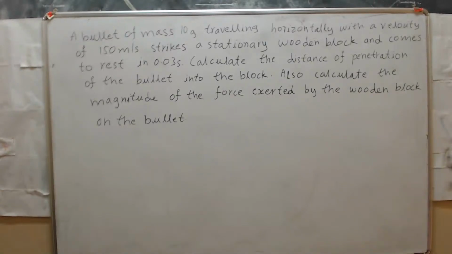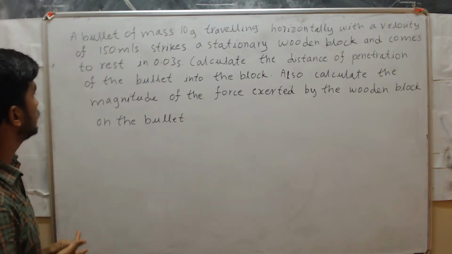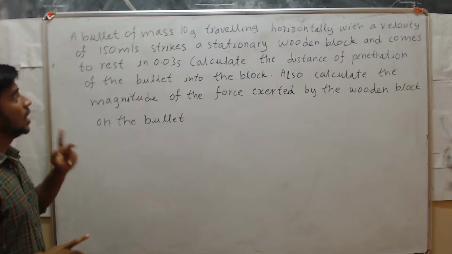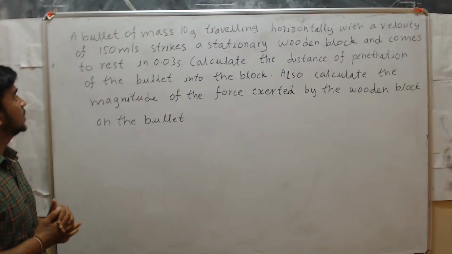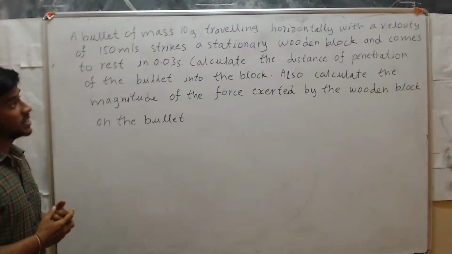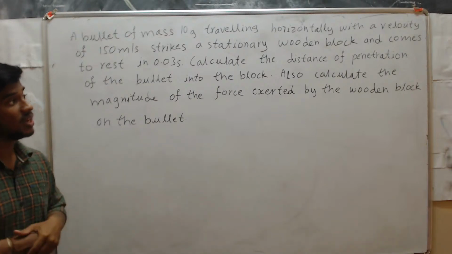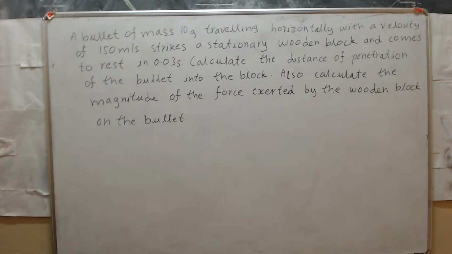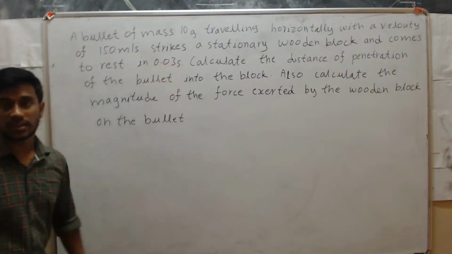See here. A bullet of mass 10 gram traveling horizontally with a velocity of 150 meter per second strikes a stationary wooden block and comes to rest in 0.03 seconds.